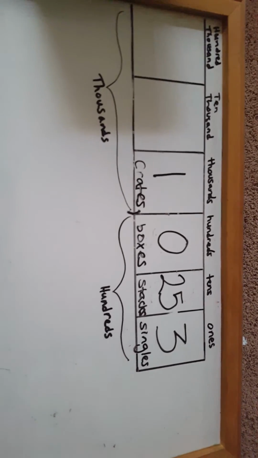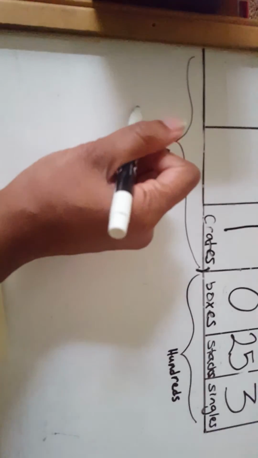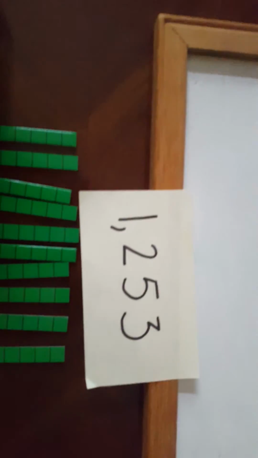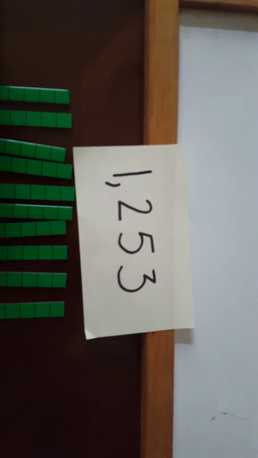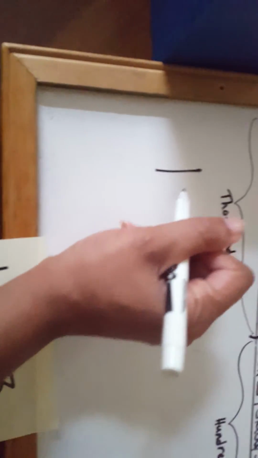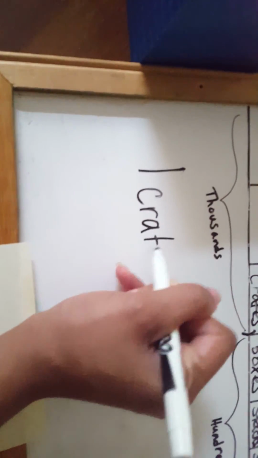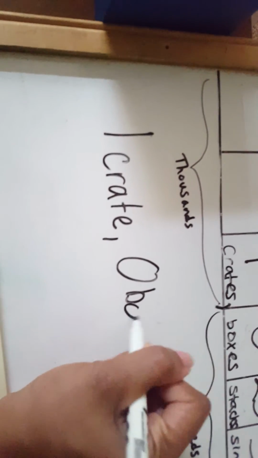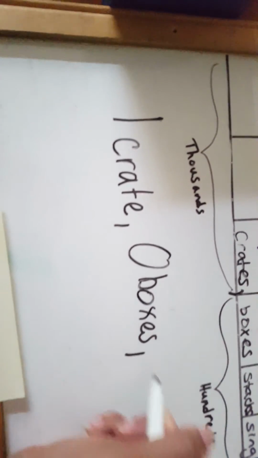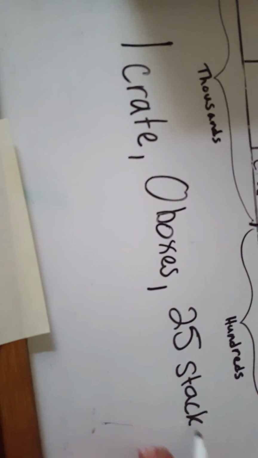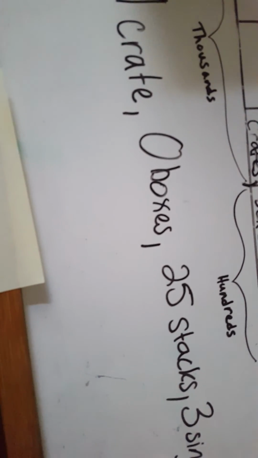So the way we'd write that is, in order to create the number 1,253, we used 1 crate, 0 boxes, 25 stacks, and 3 single blocks.